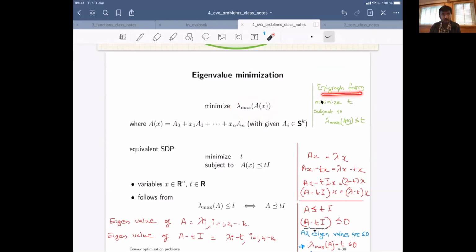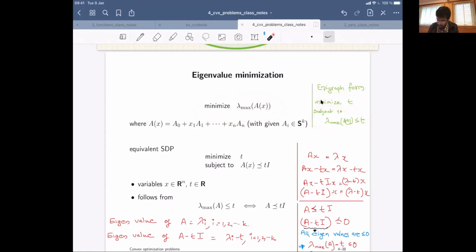Replace this function with a symbol variable t, and minimize t, and the original quantity that you want to minimize is required to be less than or equal to t in the constraint. So equivalently, we can write: minimize t subject to lambda max less than or equal to t.